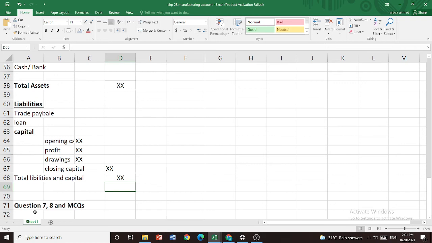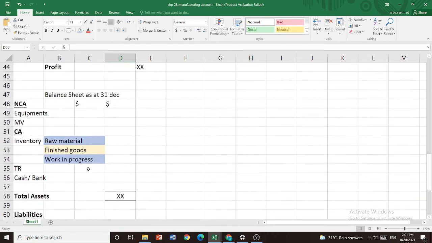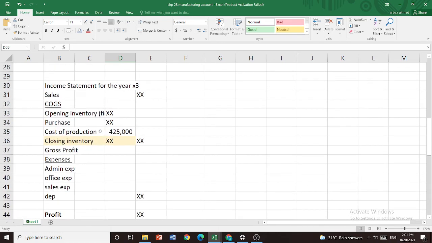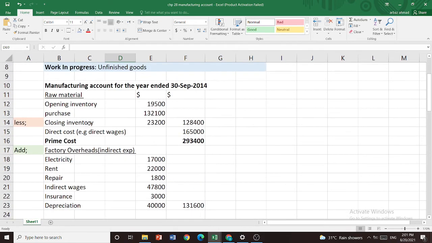The first thing you are supposed to do, they have given you the trial balance, right? Now the first thing you are supposed to do is take the trial balance and identify which item will go in which financial statement. Okay, for example, whether it's going to go in the balance sheet, the income statement or the manufacturing account.